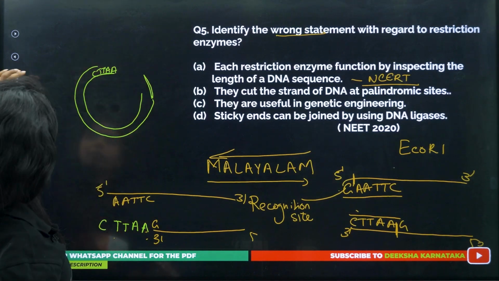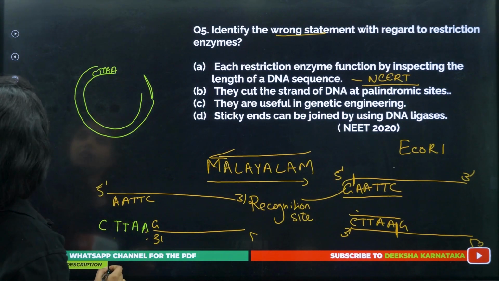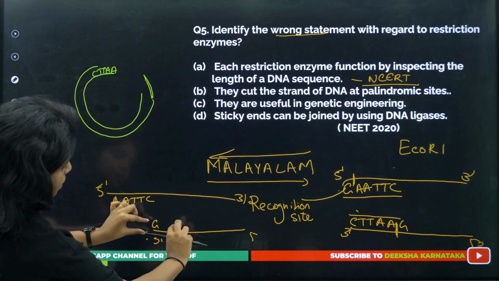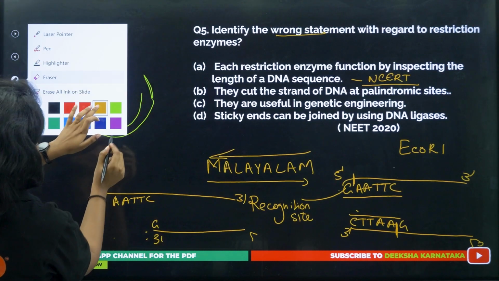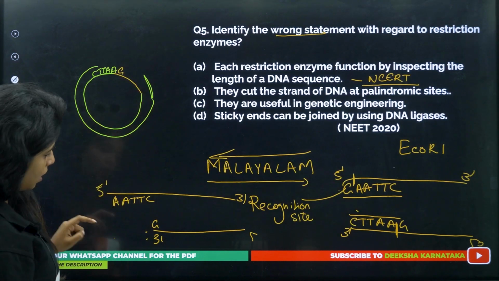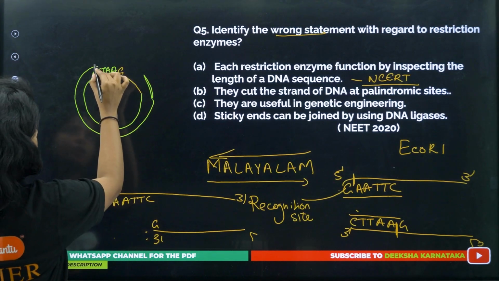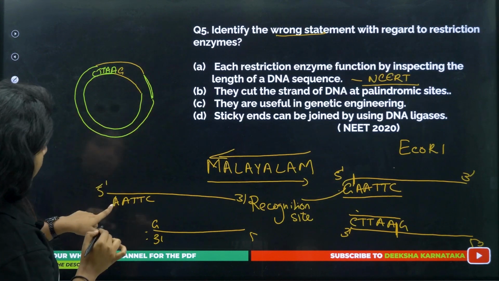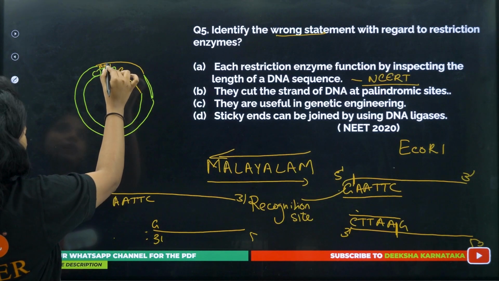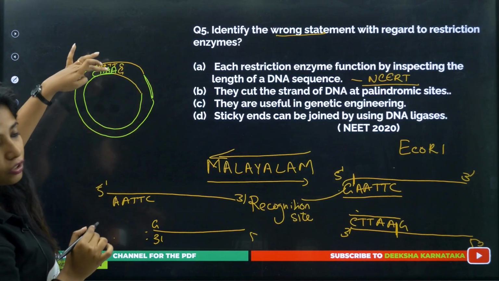This particular strand will come and bind. If I just erase this, this guy goes over here. What do I have at the end? G. I have G at the end. Now there's a new strand that comes over here. What do I have at the end over here, children? It is AATTC. Didn't I make the complementary strand?